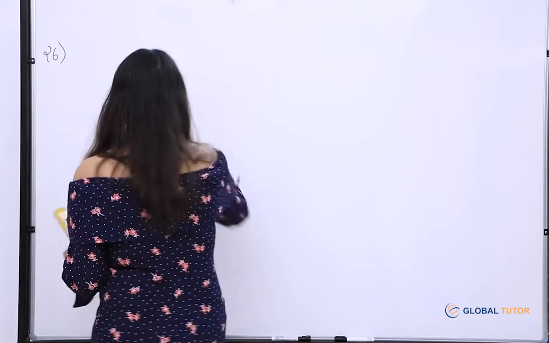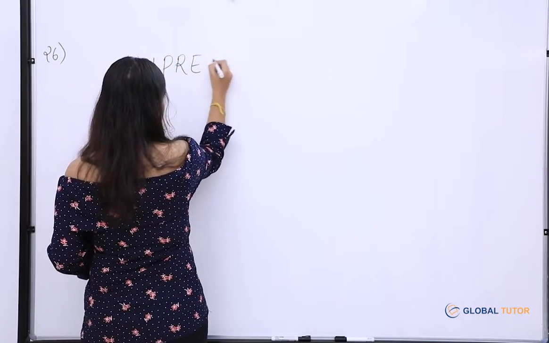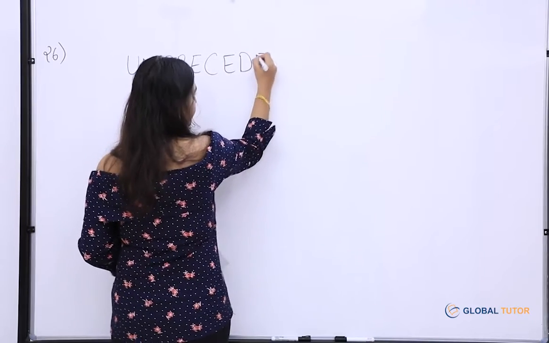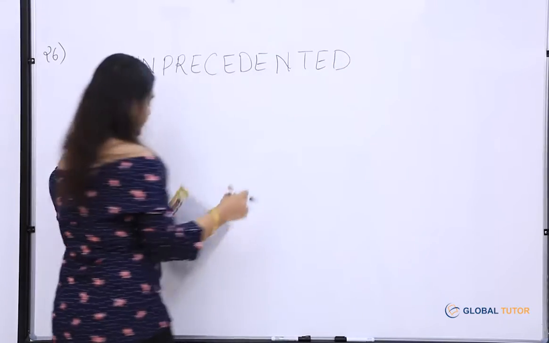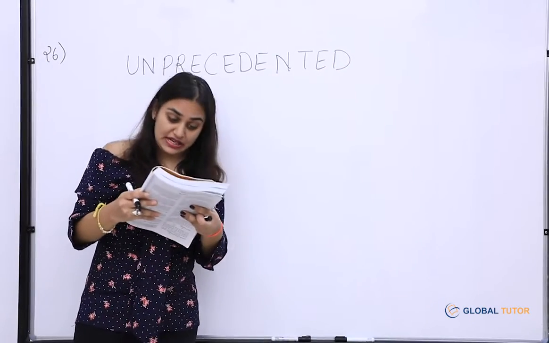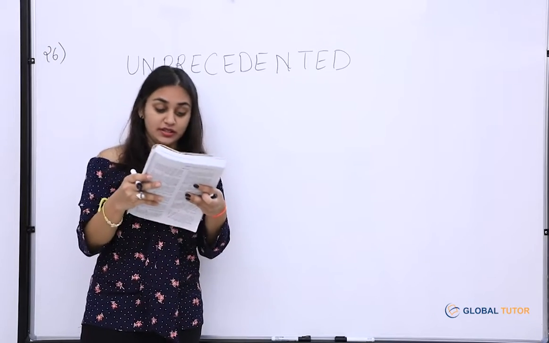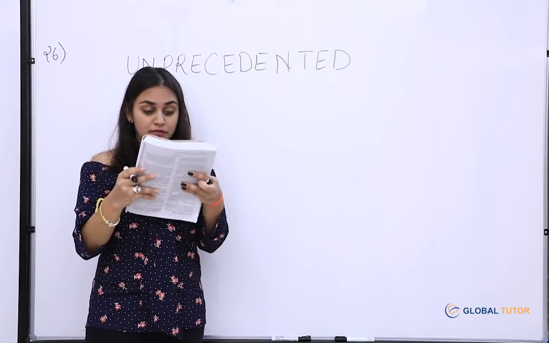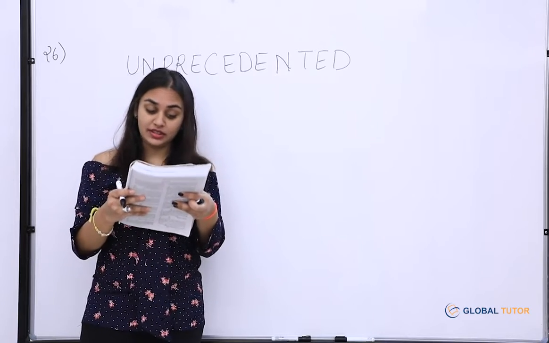So let's get started with the first question of this video. I'll read it out. If the first and the second letters of the word unprecedented, I'll write the word down here, are interchanged with the last and the second last letters, and similarly the third and the fourth letters are interchanged with the third and the fourth letters from the last respectively, and so on, then what will be the seventh letter to the right of the third letter from the left?